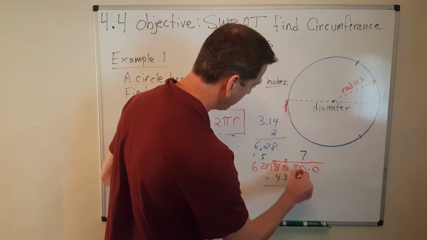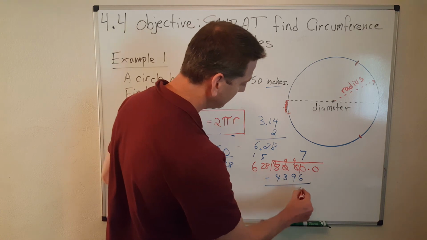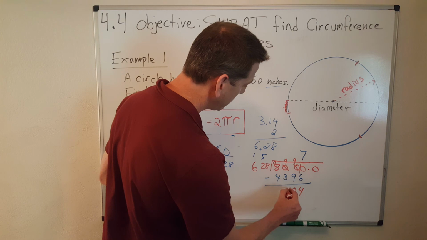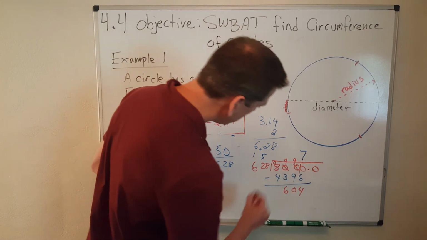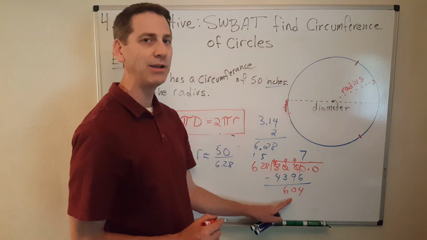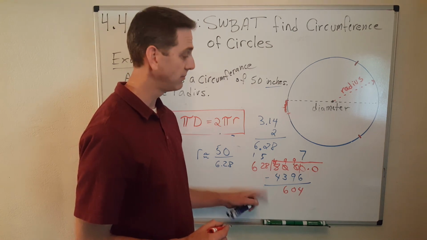So these are just going to become 9s. So 10 minus 6 is 4. 9 minus 9 is 0. 9 minus 3 is 6. So look at that. Oop, that's 4. 604. I'm just under 628. That remainder has got to be less than the divisor.